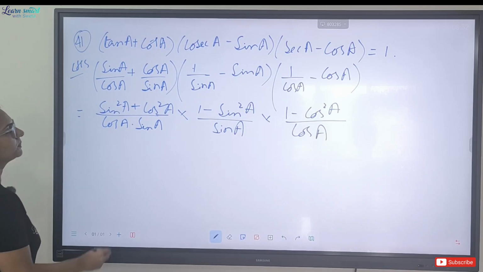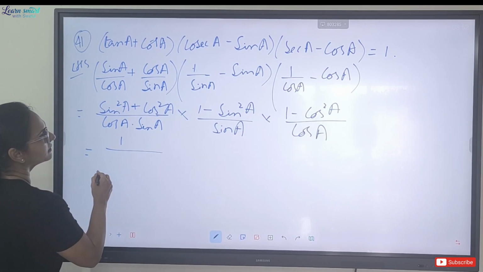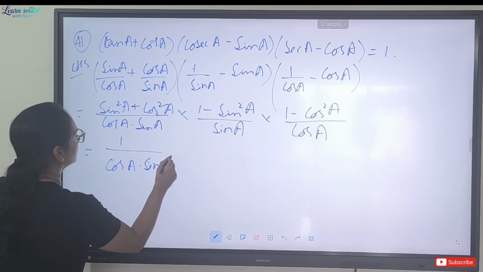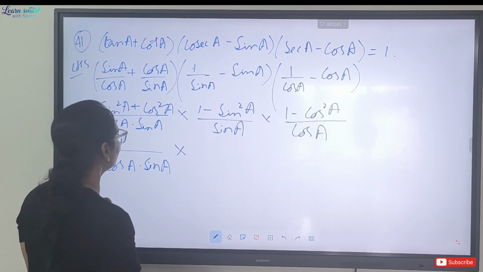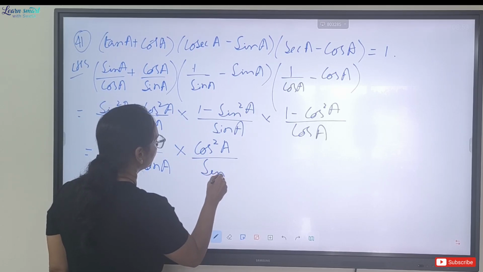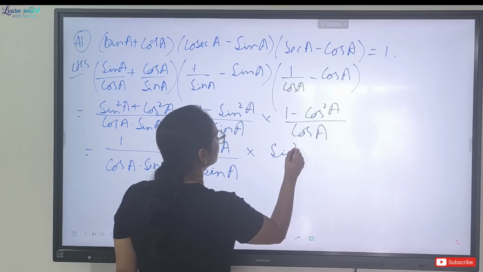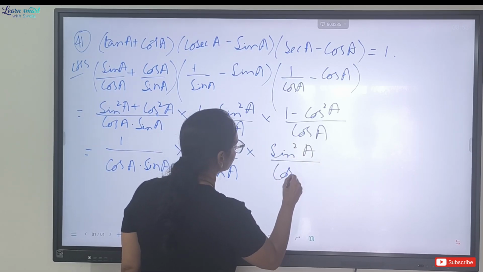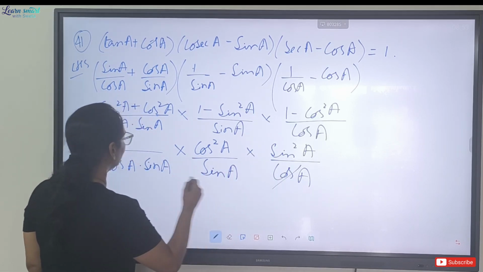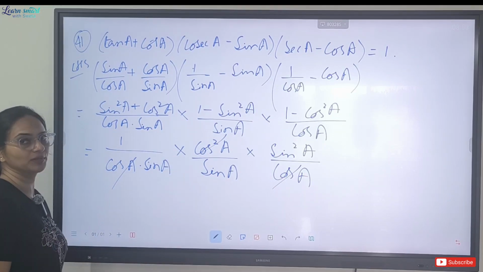Now sin square A plus cos square A we can write as 1. So we will write 1 by cos A into sin A. And 1 minus sin square A we can write as cos square A. So cos square A by sin A. And into 1 minus cos square A we can write sin square A. Sin square A by cos A. So see, the cos A in the denominator and cos square A in the numerator we can cancel.